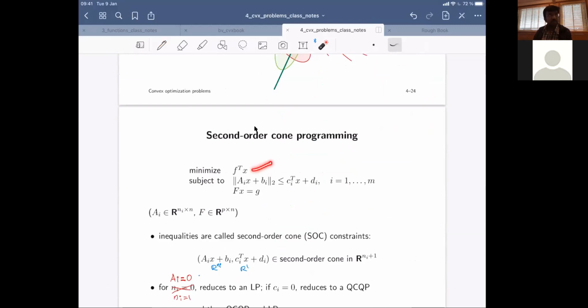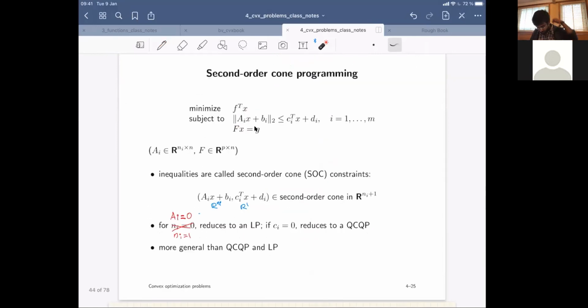You have a function to minimize, which is a linear, affine function, and the constraints are given by second order cones. And of course, you have a linear constraint given by an affine function. This is the same as the previous case, but the new thing here is that it should have a second order cone constraint. So what does this mean?